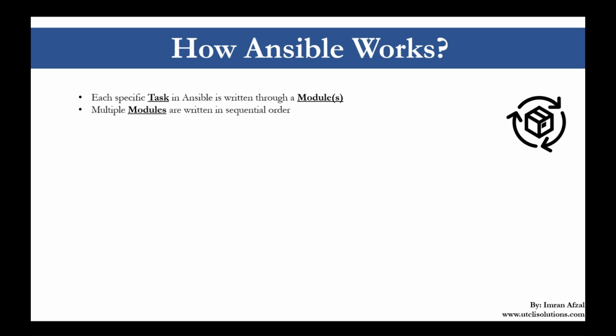Multiple modules are written in sequential order as you want them to be executed. Then multiple modules for related tasks is called a play. If you have one, two, or three modules to perform certain tasks or they are related to each other, together that's a task and that becomes a play.